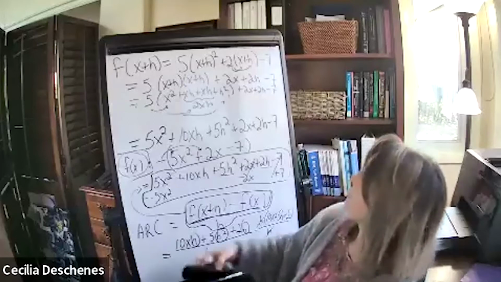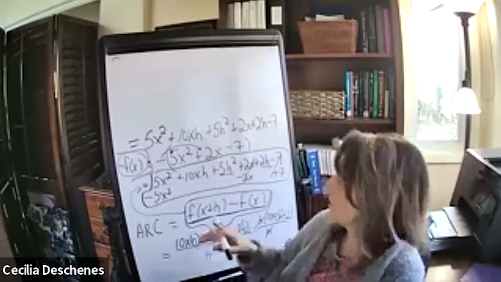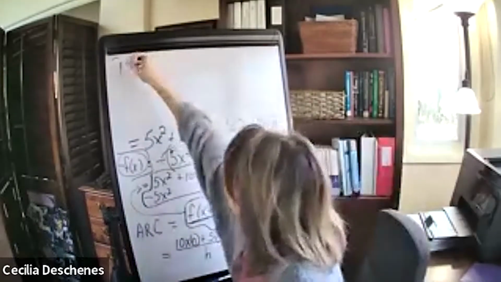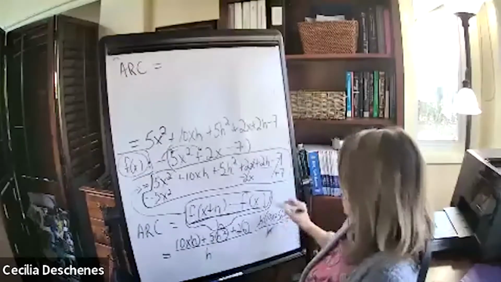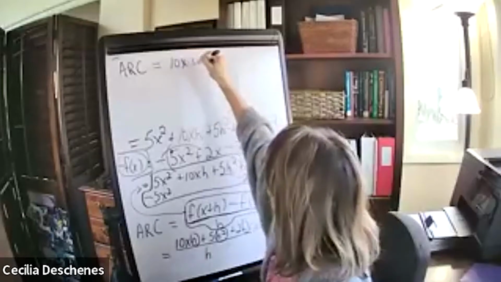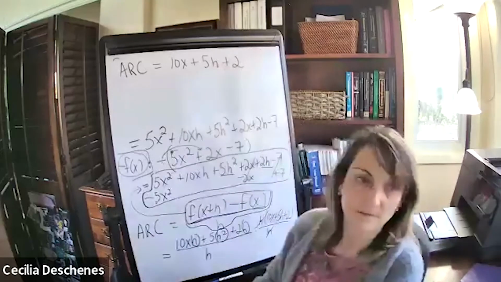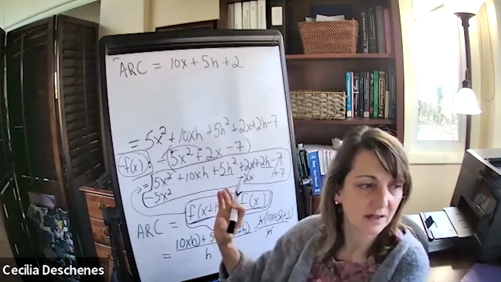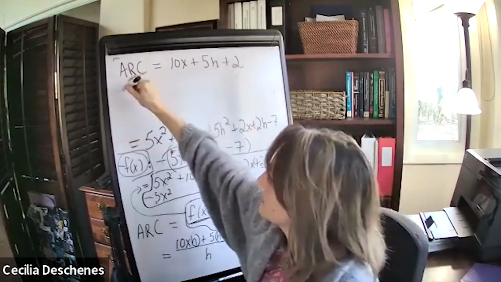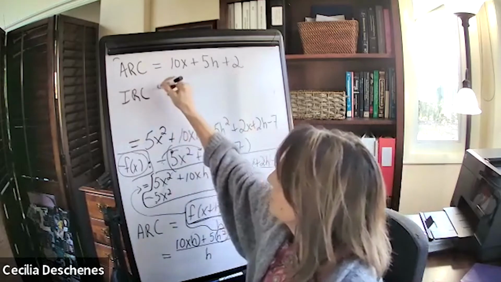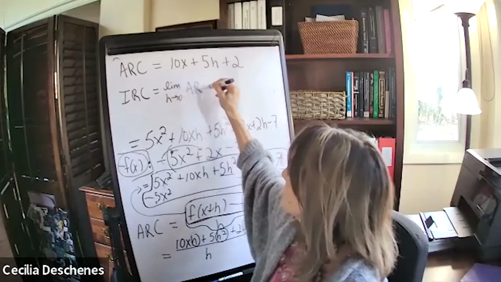Okay, and so we're left with the average rate of change. Now I'm going to write it up at the top because I need more space. So the average rate of change, the h is canceled, is 10x plus 5h plus 2. Now that we have this, the instantaneous rate of change is the limit when h goes to 0 of the average rate of change.